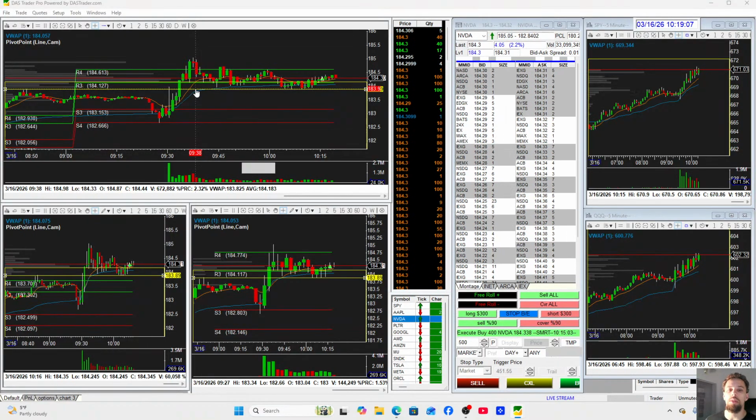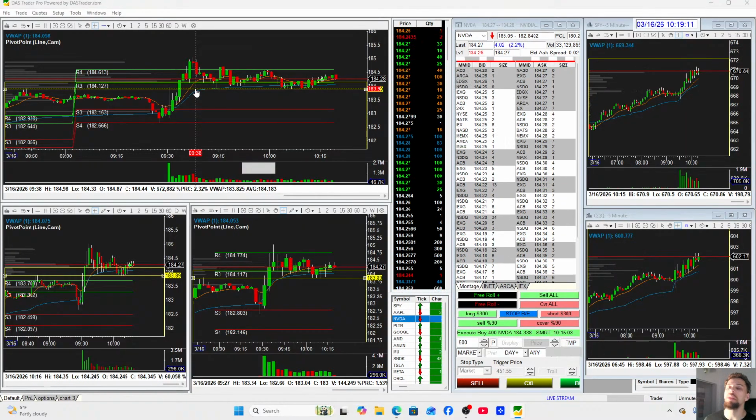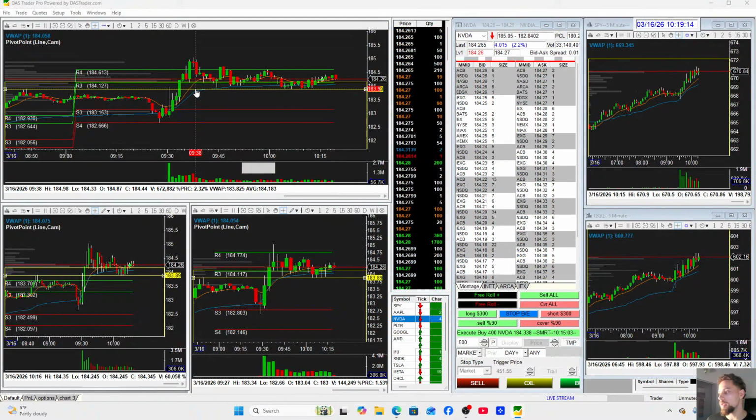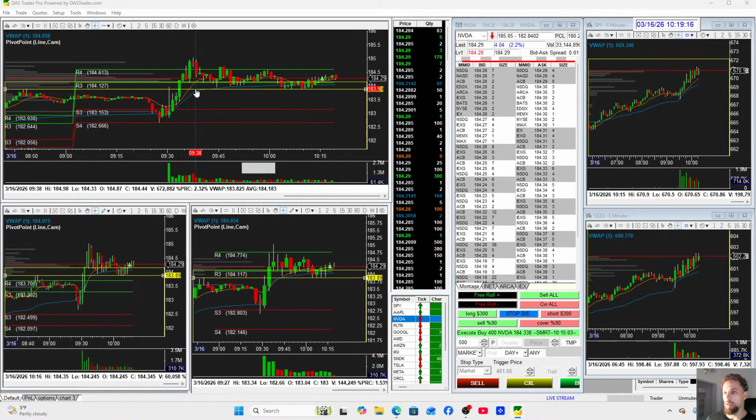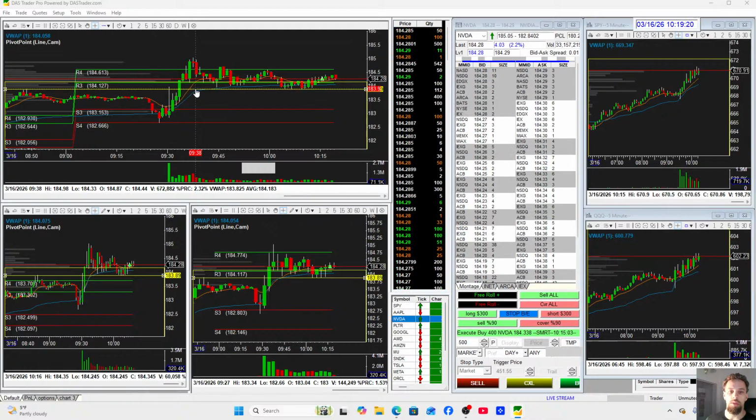$184.5 has a nice order waiting to get filled. 37,000 shares, 100,000 looking to get filled at 185. SPY Qs still trending higher, kind of going sideways now, but overall trend has been up.